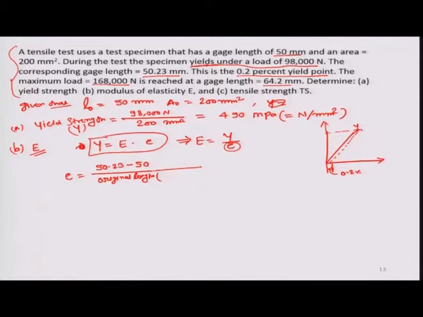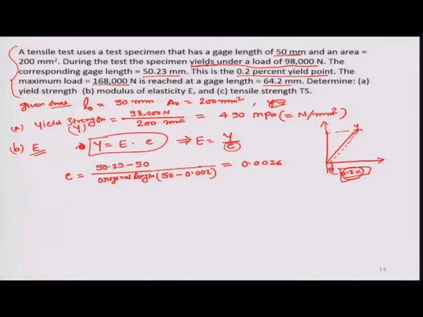Actually we omitted that amount of strain, as we take 0.2% strain for locating the yield point. So we have to take that into consideration. So 50 minus 0.0022%. Okay, on calculating, that will be 0.0026.